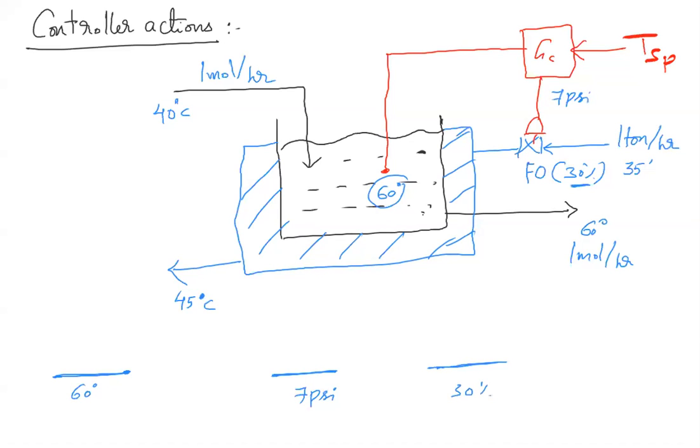Suppose suddenly 60 started to increase. Then what should be the cooling water opening? Should the percentage of opening increase or decrease to bring the temperature back to 60? Suddenly it rises to 65, 70, 75. Then what should you do?